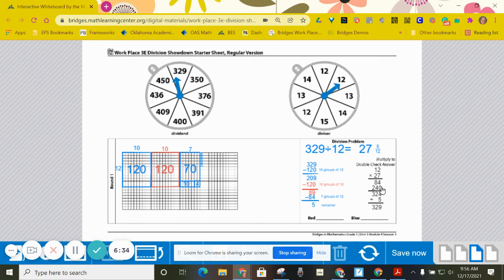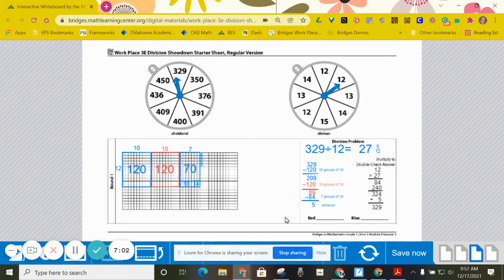And then I get a 240, which is these two together right here. So I like to make connections like that. And then when we added those together, we got 324. But don't forget, you've got to add on the remainder too to make the 329. You want to make sure it works that way so you'll know that your answer was correct.